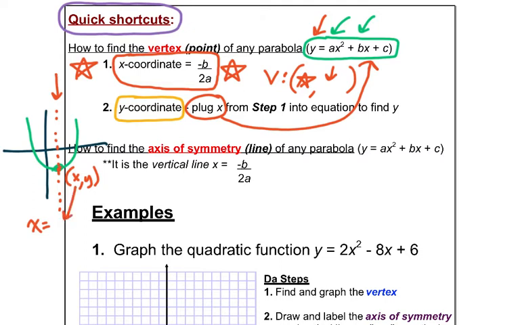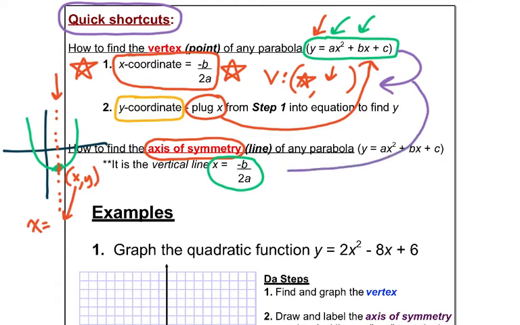Because it's passing through the same x value. So if you want to find the equation for the axis of symmetry, the vertical line that goes through it, it is going to be the same negative b over 2a. So no matter what, you can take our standard form and either find the x-coordinate of the vertex, negative b over 2a, or the line of symmetry equation, negative b over 2a, because they pass through the same value.